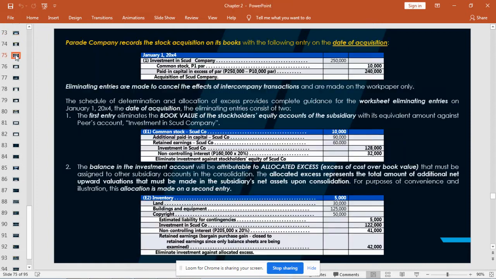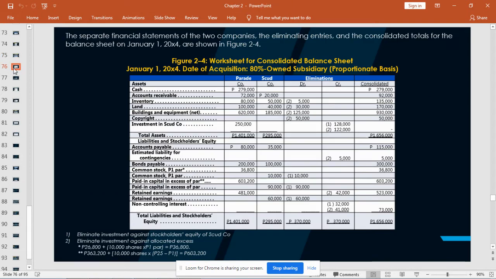Then, at the date of acquisition, we issued an additional of 10,000. Right? So, dito sa ating balance sheet, may additional 10,000 on common stock.